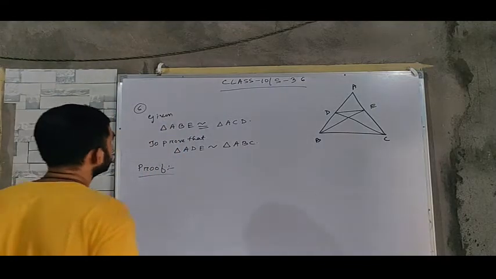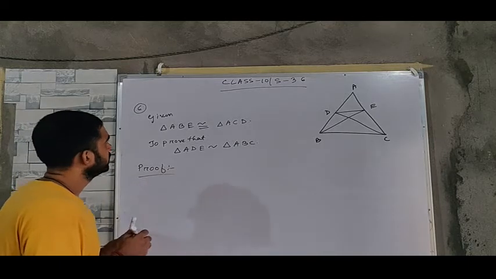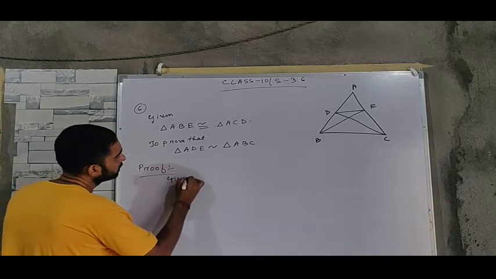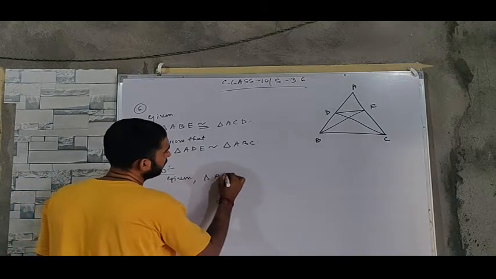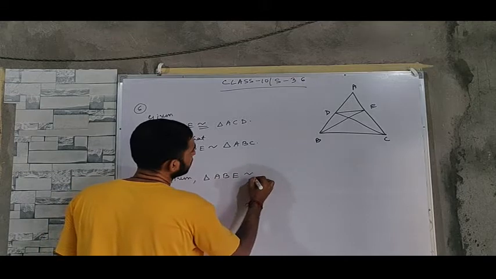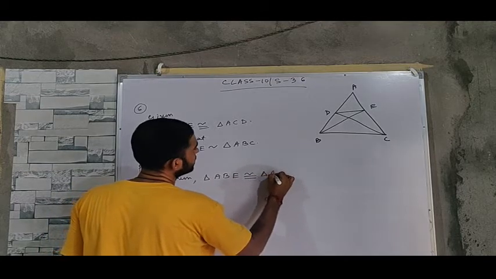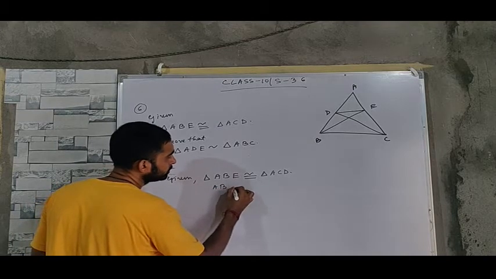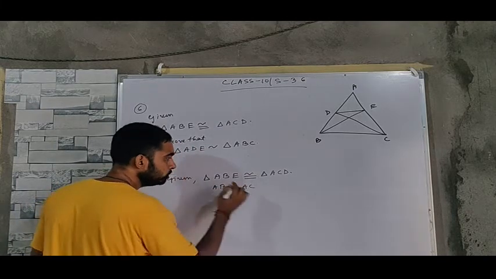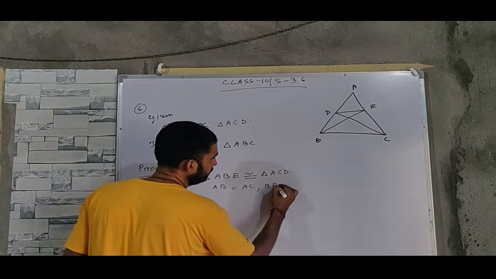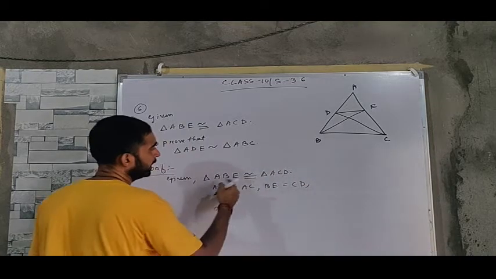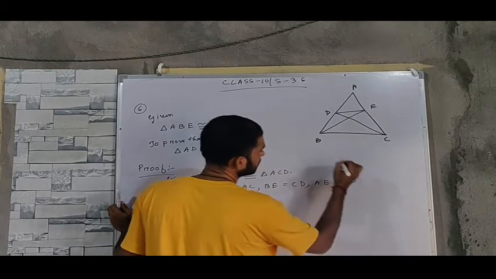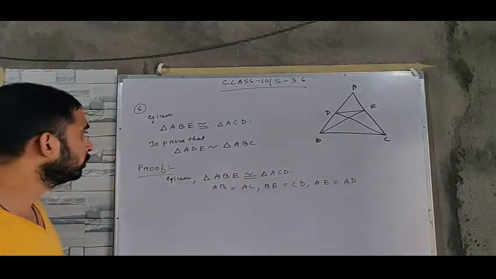Okay, now see, what is given? Triangle ABE is congruent to triangle ACD. That's why AB equal AC, BE equal CD, and AE equal AD. Now we are going to prove what?